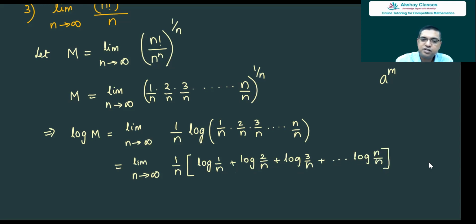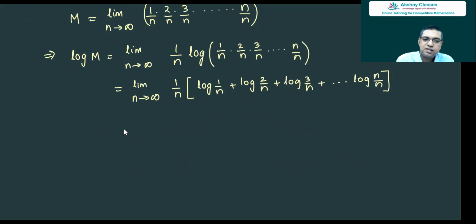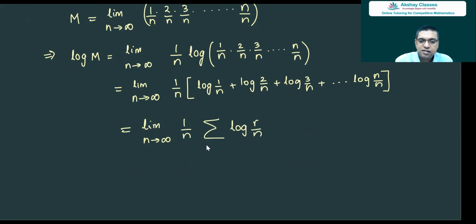Now we have converted this problem to a summation problem: limit n tends to infinity, 1 upon n sigma log r upon n, r ranges from 1 to n. So this is 1 by n f of r by n, r ranging from 1 to n.